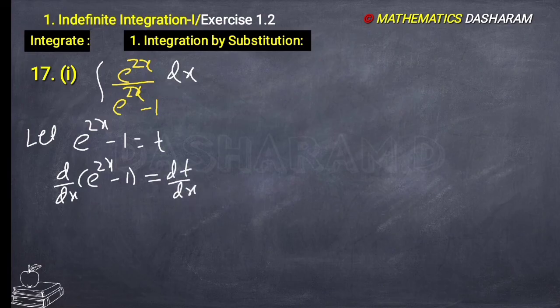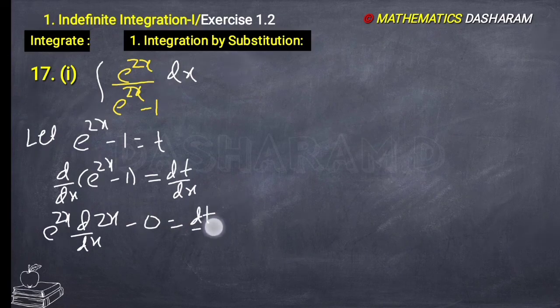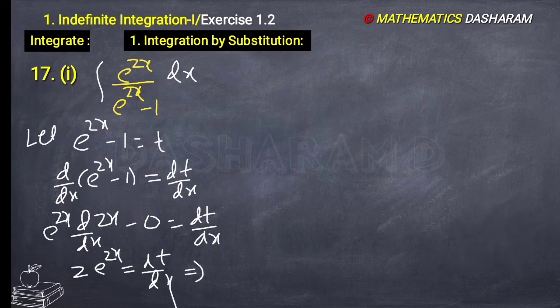So dt by dx: the derivative of e power 2x is e power 2x into 2, and the derivative of 1 is 0, it is equal to dt by dx. So the derivative of 2x is 2 into e power 2x equals dt by dx. Next, e power 2x dx transposes to the left side and 2 transposes to the right side.